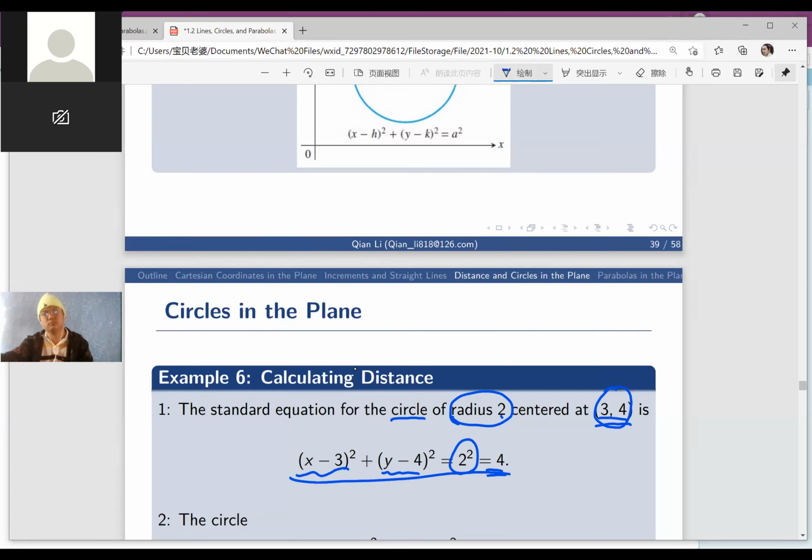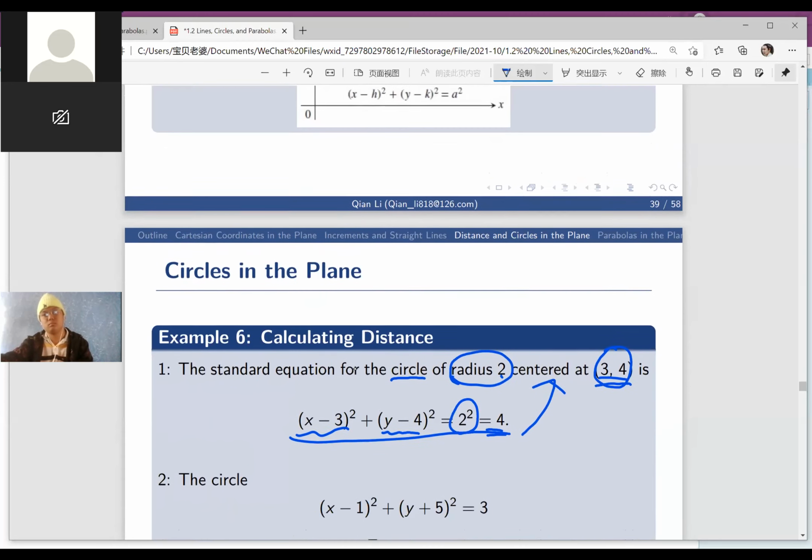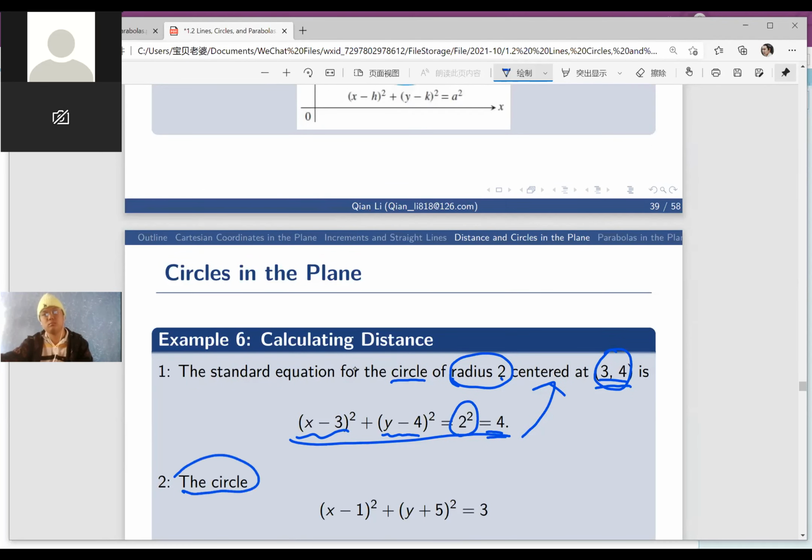So this is the equation for this circle. Okay, let's see, if there is a circle (x minus 1) squared plus (y plus 5) squared is equal to 3.